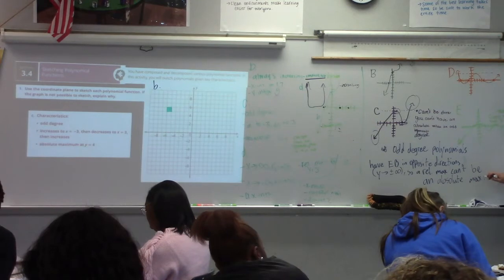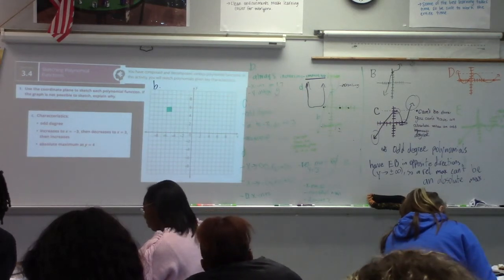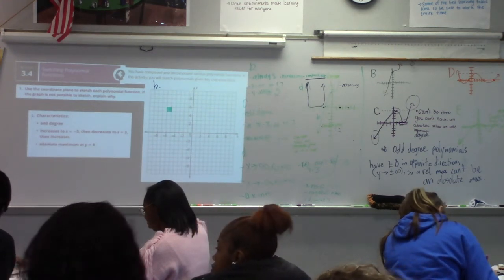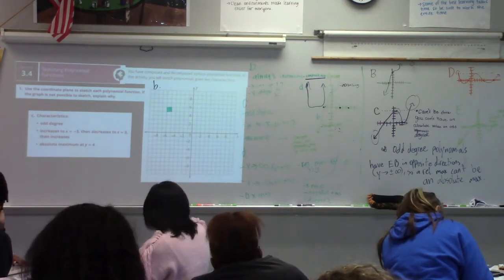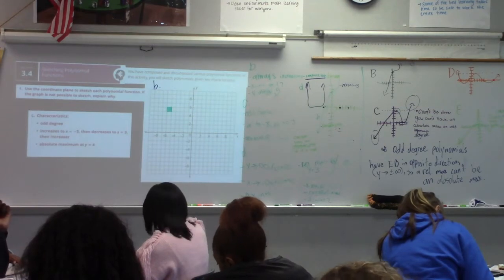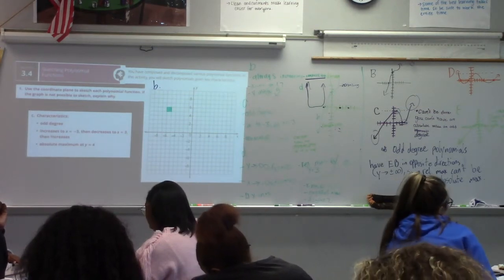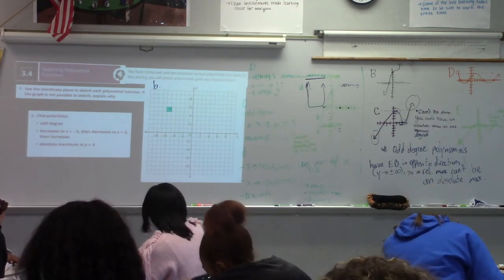So y'all had the right ideas on there, but notice how we want to bring in more formal language. We want to be intentional about that proof of, hey, odd degree polynomials we know have this end behavior. Y is approaching positive or negative infinity, so that relative max can't be an absolute max, and the same thing for mins, right? And so we want to pay attention to those details. Any question about that information?